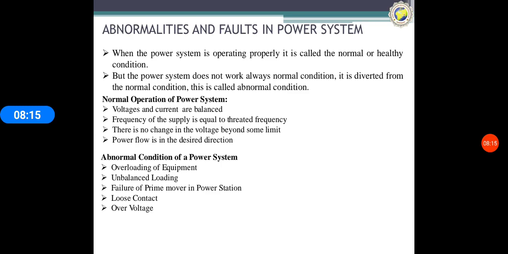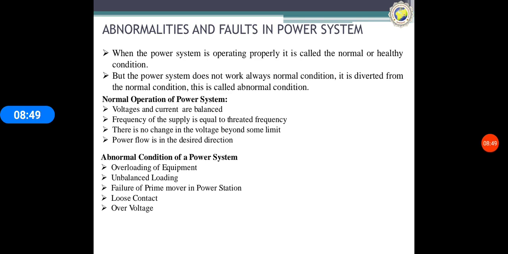It means the system is stable. When the system is unstable, this is called the abnormal condition. The definition of abnormal conditions: the power system does not always work in normal or healthy conditions. Sometimes it diverts from its normal conditions. This is called the abnormal condition.